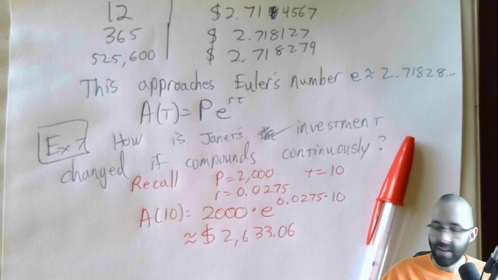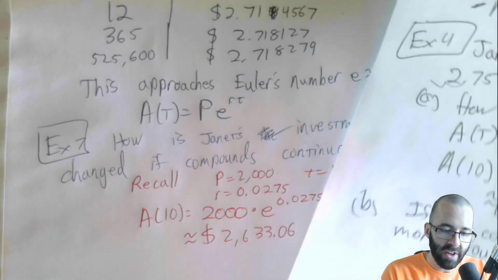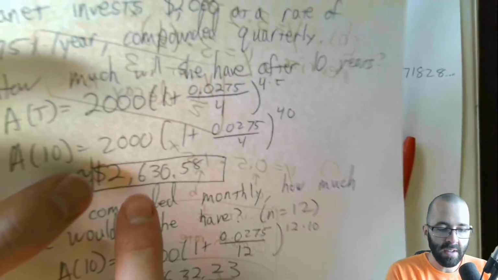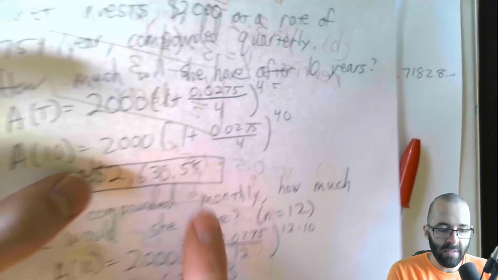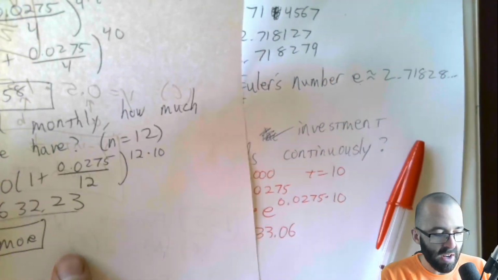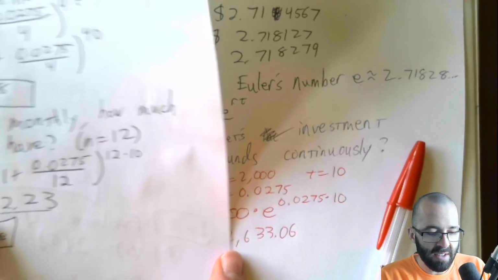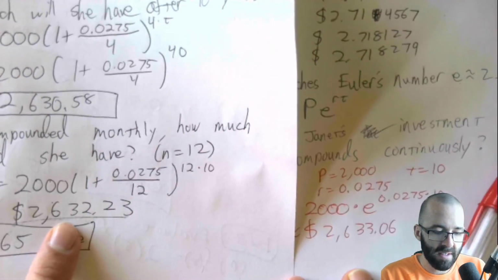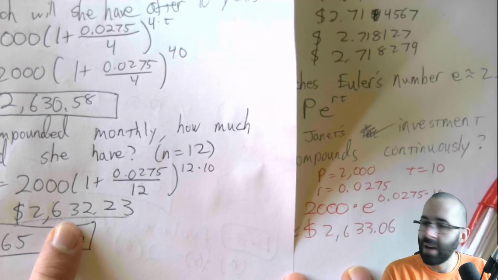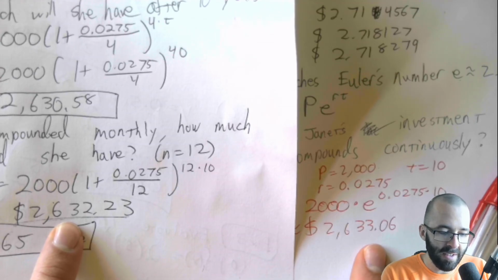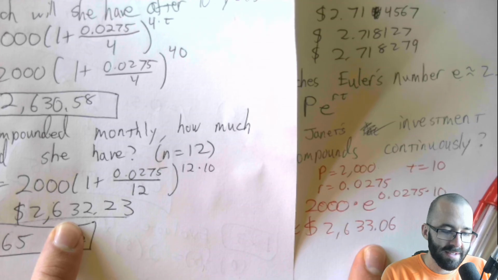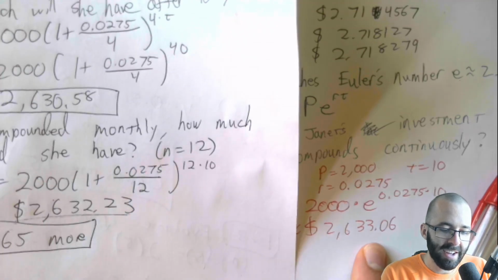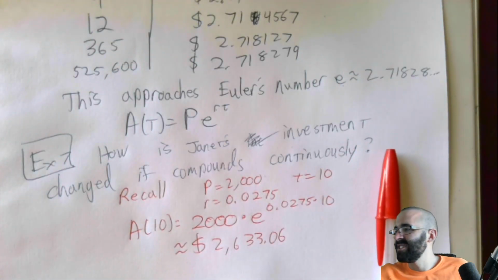Well, if you remember back from what we had earlier, if it compounded quarterly, it's $2,630.58. Compounded monthly, it was $2,632.23. So compounding continuously, we get an extra 83 cents. All right, an extra 83 cents.